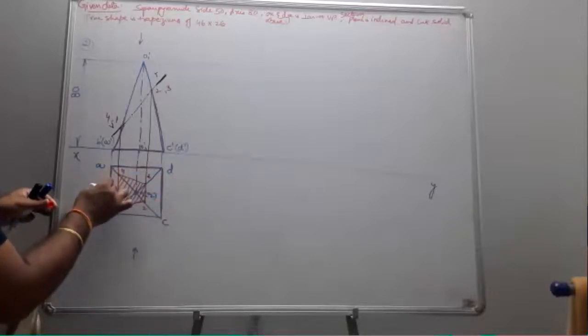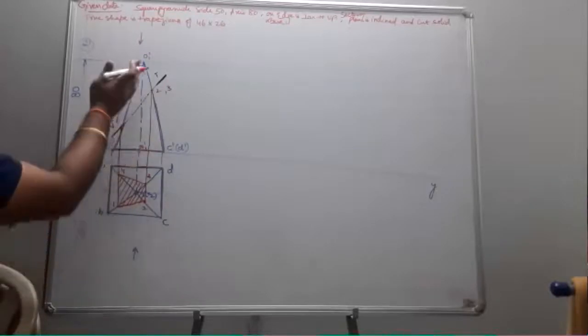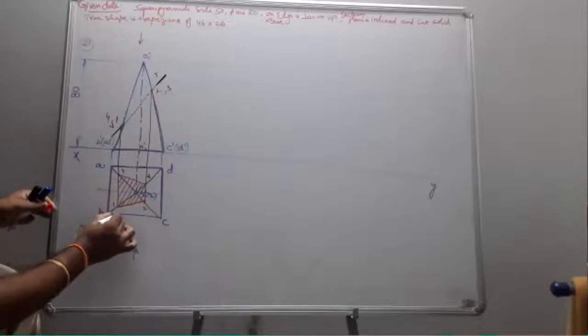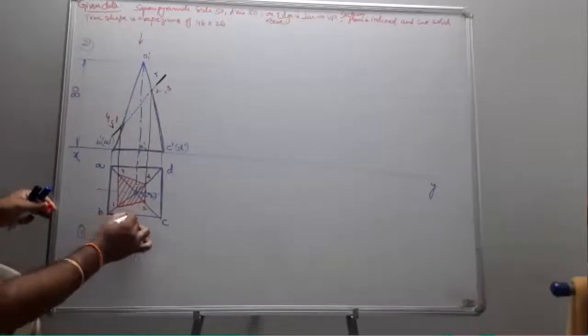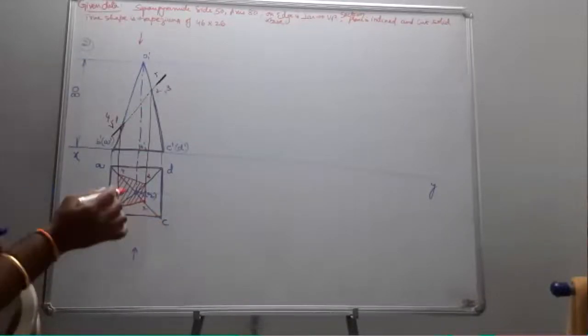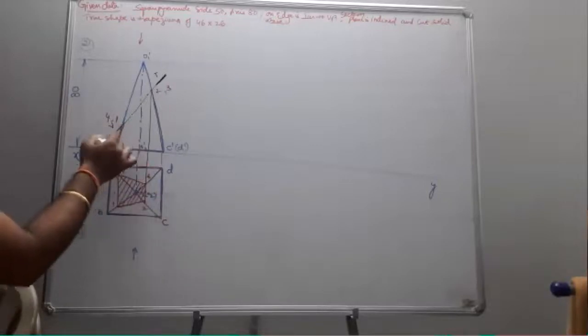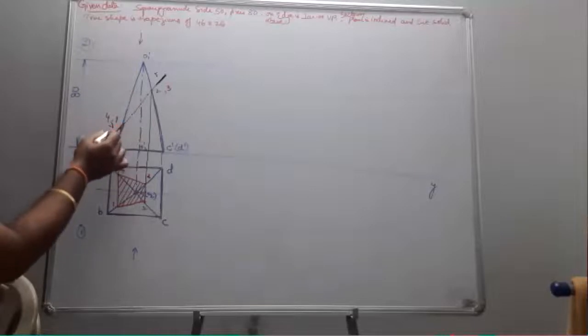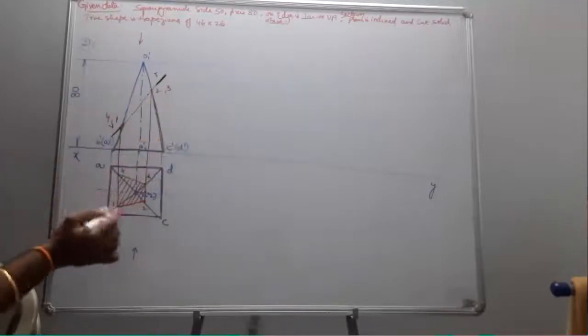A, B, C, D also. Why? Because the base was retained. Removed portion is this. This was retained. Retained portion is to be darkened with the HB pencil. And you can also see that ABCD exists, 1, 2, 3, 4 exist, and also the lines joining 1A, 4B, okay, 1B, 4A, and 2C, 3D also exist.